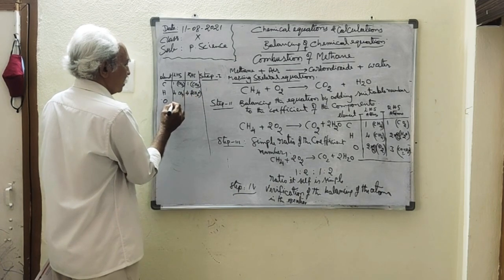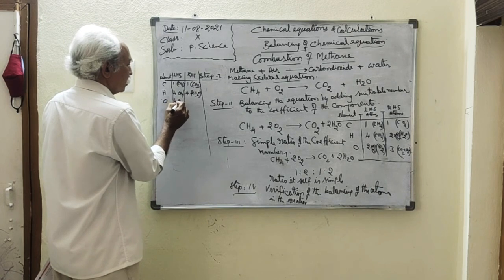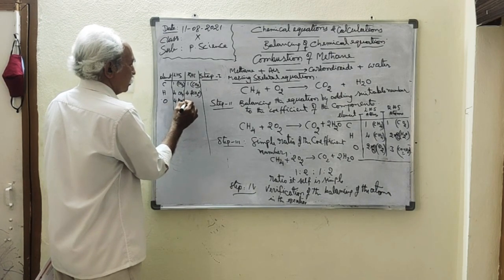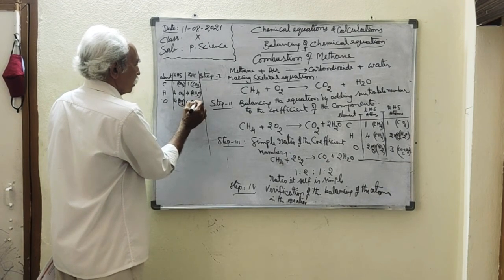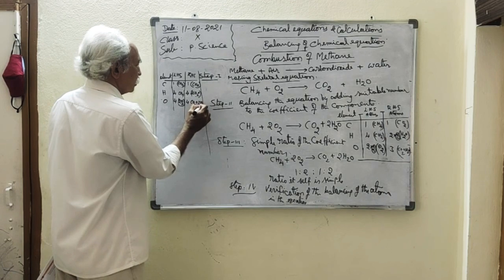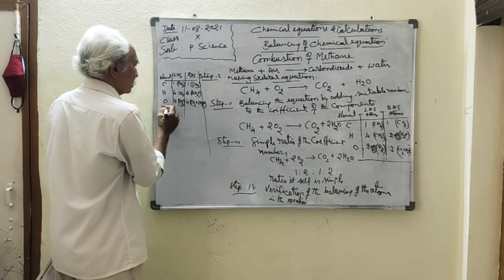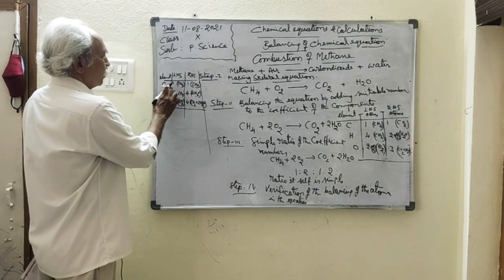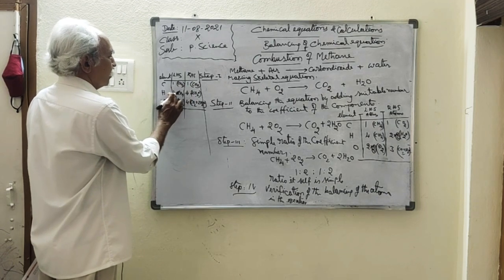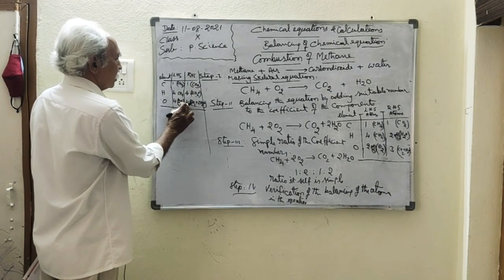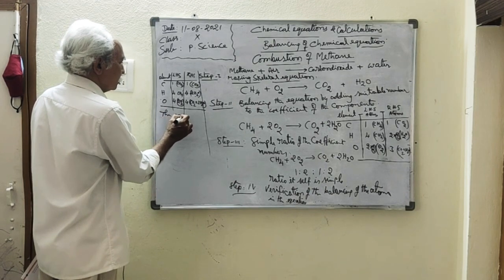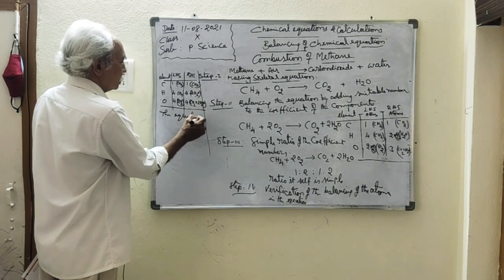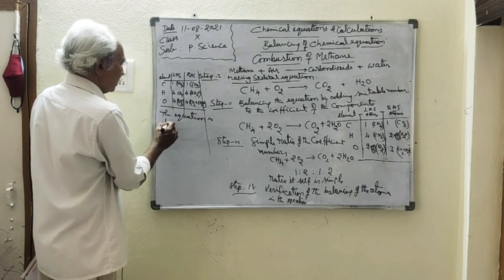And oxygen finally 4 in 2O2, and 4 in CO2 and 2H2O. So carbon is 1 on either side, hydrogen 4 on either side, oxygen 4 on either side. So the equation is balanced.